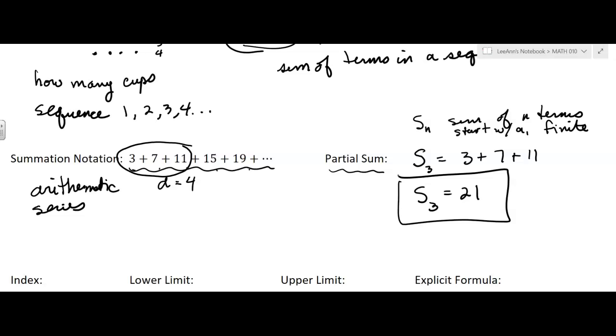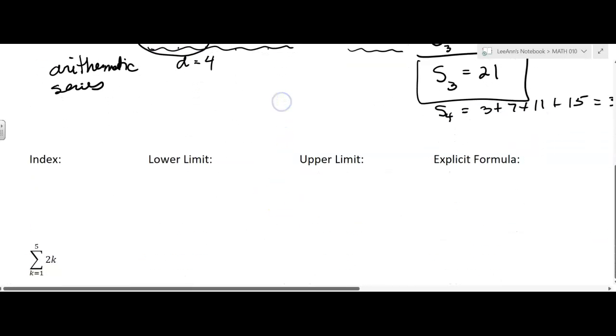If it had been S sub 4, then we would have taken the first 4 terms, 3 plus 7 plus 11 plus 15. That'd be 36, right? Okay, so that's what we're talking about here.